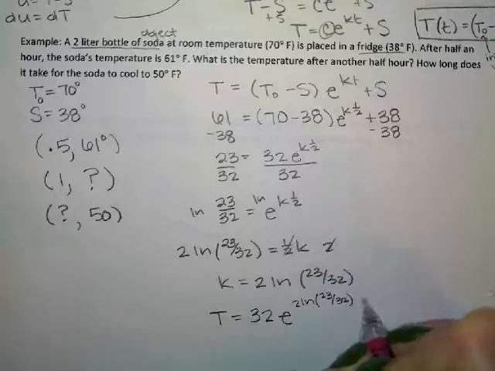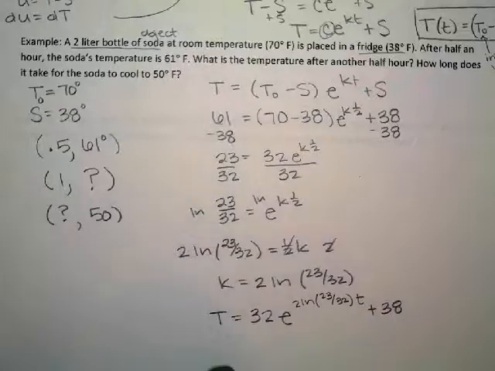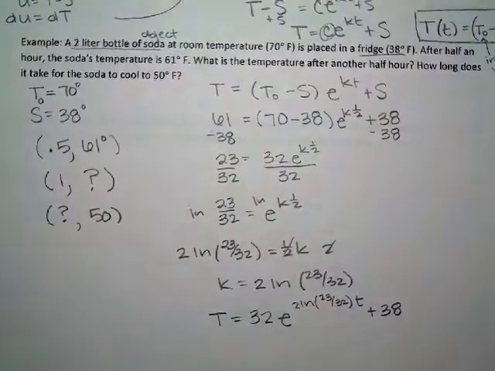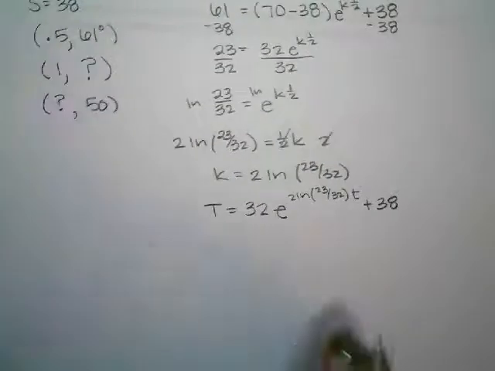So that is the formula that we are using for this particular problem. And now we can answer the two questions. Does it make sense? Plug in 1 for t to figure out what the output is, and then after that we'll plug in 50 for capital T. So we'll do the first question. So T of 1.